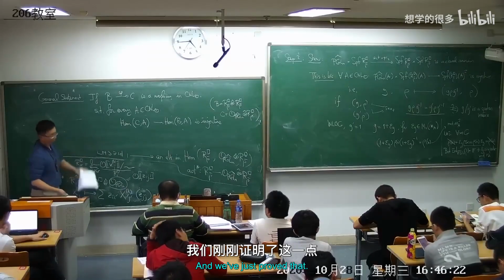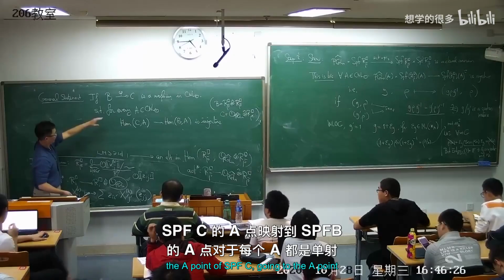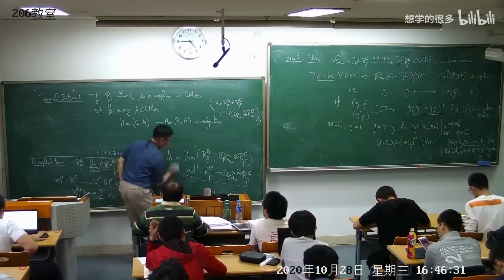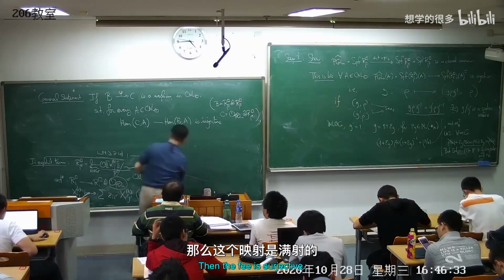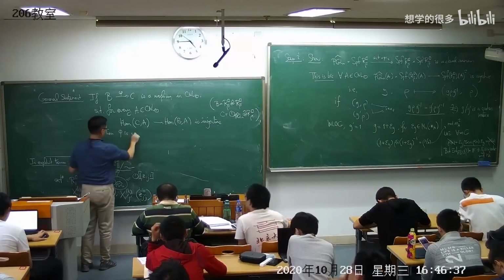And we've just proved that the A point of Spf C going to the A point of Spf B is injective for every A. Then phi is surjective.